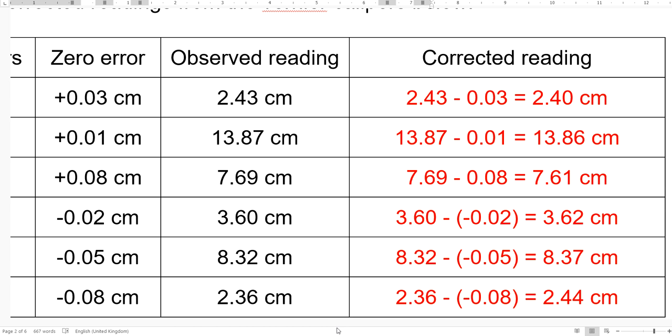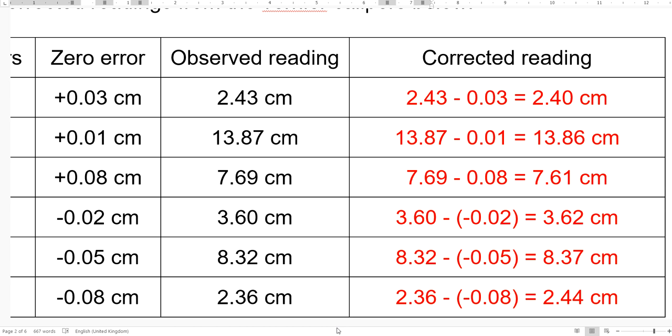Alternatively, if you are like me, I remember it this way. The correct reading is always taking the observed minus the zero error. I don't care whether the zero error is positive or negative. I just minus it. So look, this is what I've done. This is the observed reading, 7.69. I minus 0.08. This is 3.60, the observed reading.